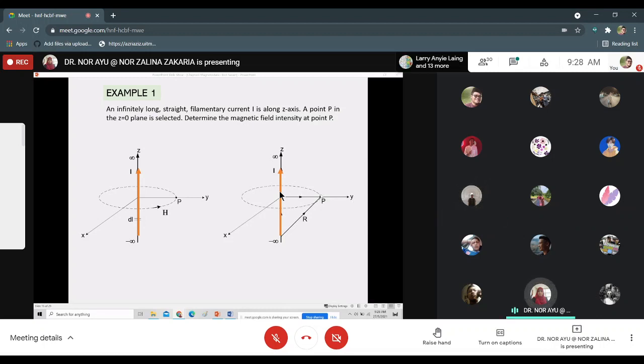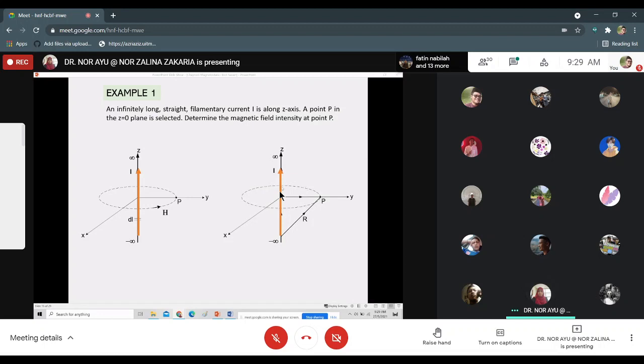Okay, so dia adalah row. So if you look here, when the current is going upwards like that, so what is the direction of your magnetic field? Anti-clockwise. Yes, anti-clockwise. So it will produce some sort like cylinder kan?